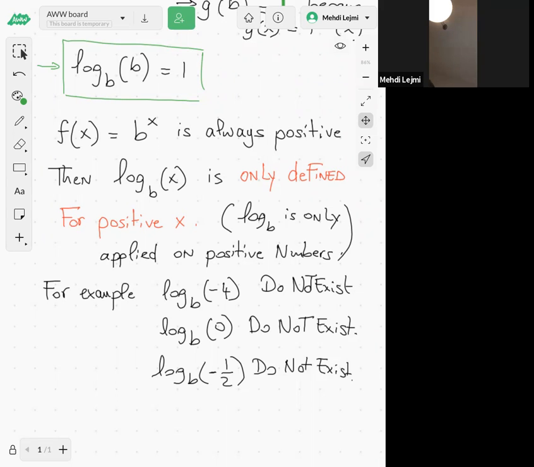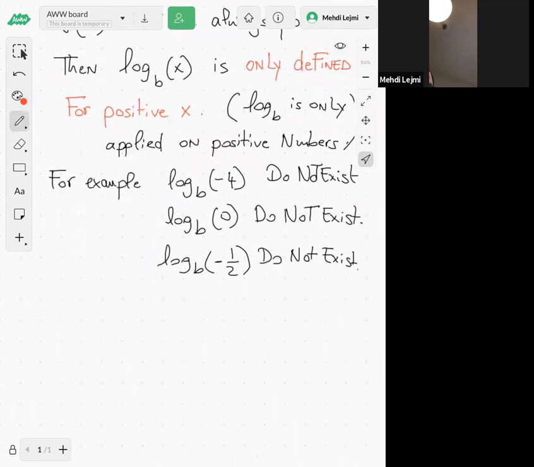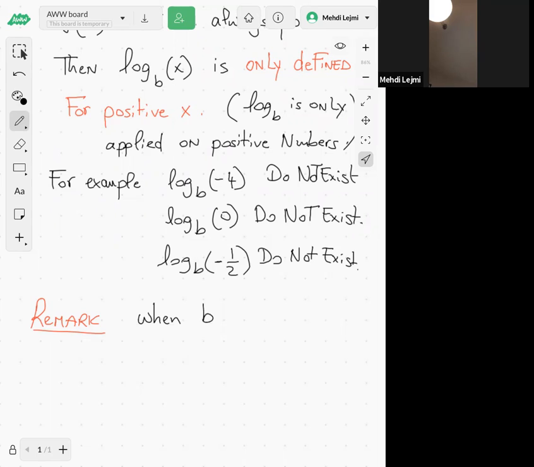Oh yeah, and the last thing, guys, before moving to the log and exponential equations: when this base b is equal to this special number e, then the log is called the natural log. Again, this number e is 2.71 something, some decimal.